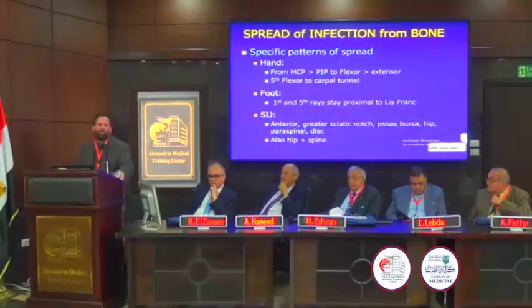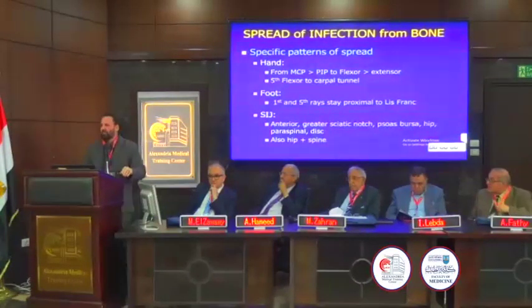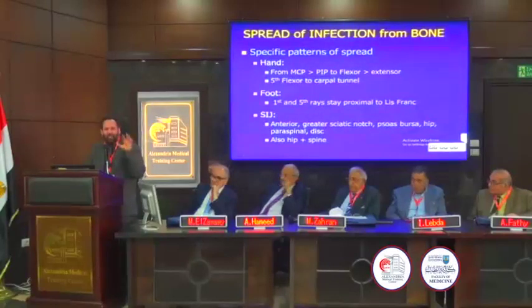In the foot, the big toe and the little toe are separate compartments. So central infections spread proximally. The medial and lateral infections do not. And we'll show you sacroiliac joints because they have a very particular pattern of spread. Now you don't have to memorize this, but just understand that there are very frequent and reproducible patterns of spread. So this person had a metacarpal phalangeal joint septic arthritis, and we can see it spreading to both the flexor and extensor tendons.